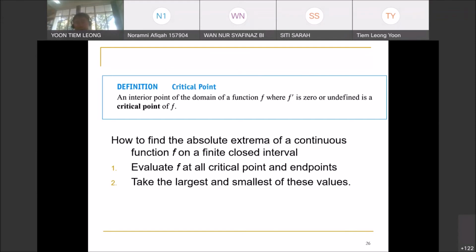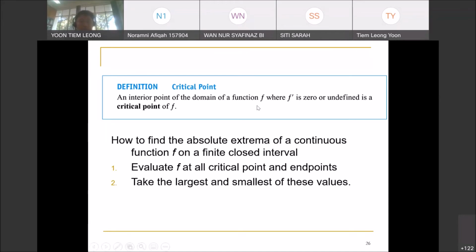So we learn different definitions and different theorems so that later on we can use these definitions and theorems to help us locate the extremums, whether absolute maximum, absolute minimum, or local extremums.